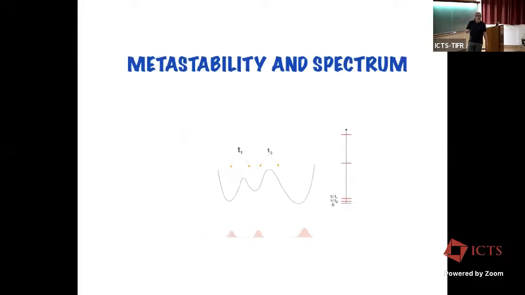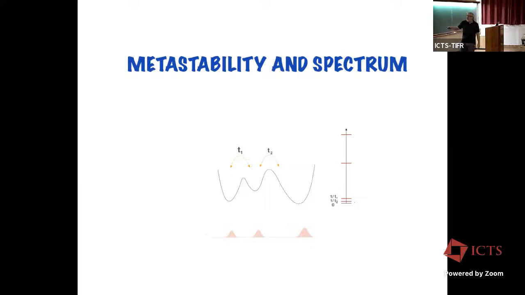One can show, and it's a very interesting thing, that you get three eigenstates of this operator that are basically the ones I pictured here. They are concentrated along the minima of the original stochastic problem.